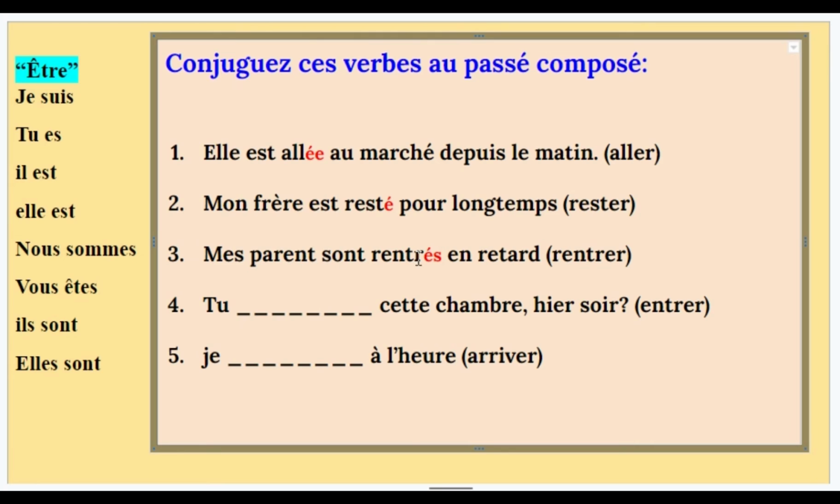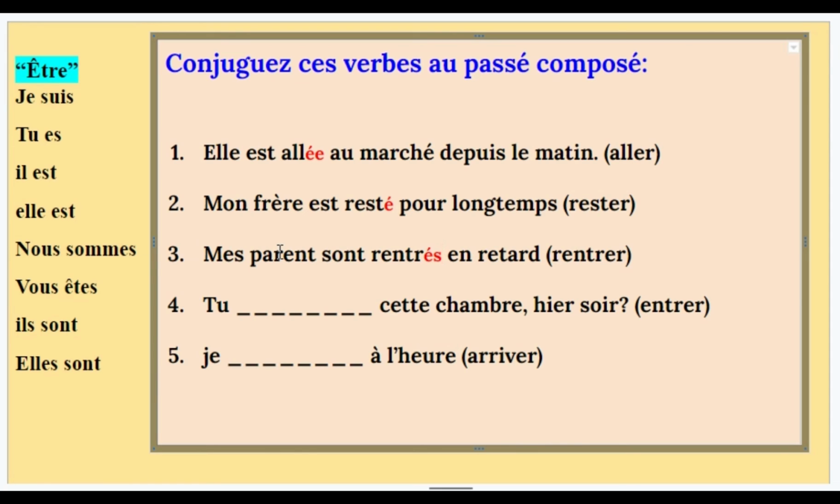Mes parents sont rentrés en retard. My parents came back late. Why do we put es only here? Mes parents means it involves the father and the mother, so we have to agree it only in the plural. The gender E is not going to work here because it is a mix of the two genders, father and mother, masculine and feminine.